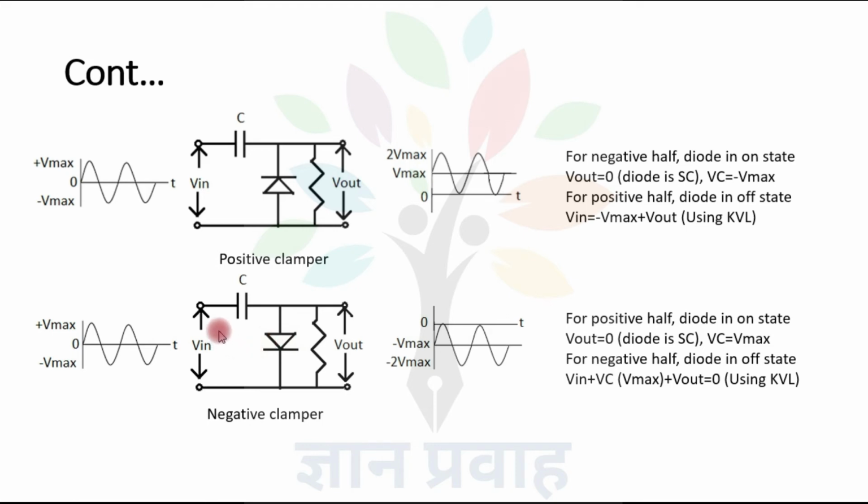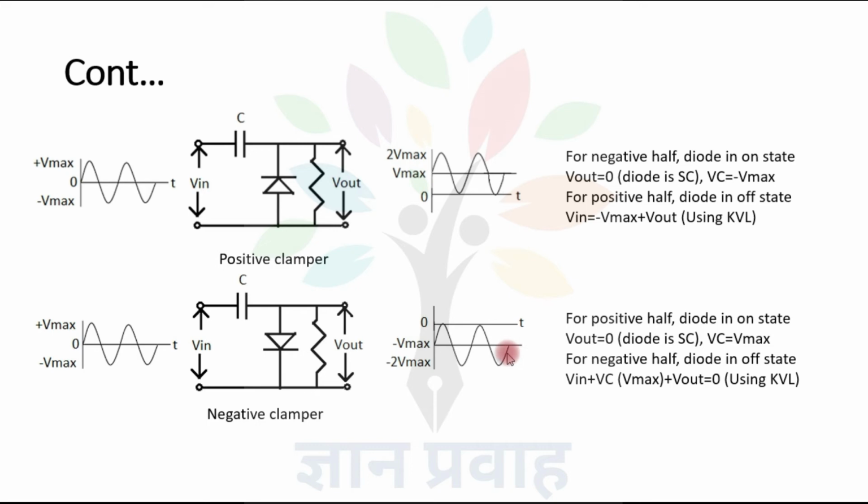By applying Kirchhoff's voltage law in this loop, Vin plus Vc plus Vout equals 0, and Vc equals Vmax. So Vout equals minus Vin minus Vmax, and the maximum value of Vin is Vmax. So the maximum value of Vout is minus twice Vmax. So the waveform is like this.